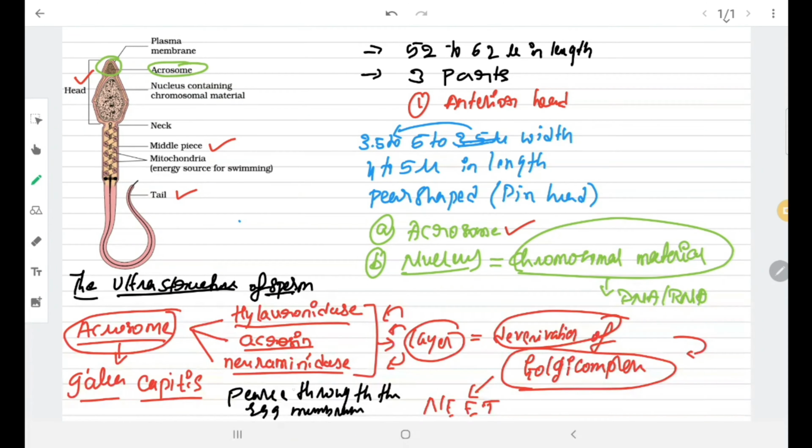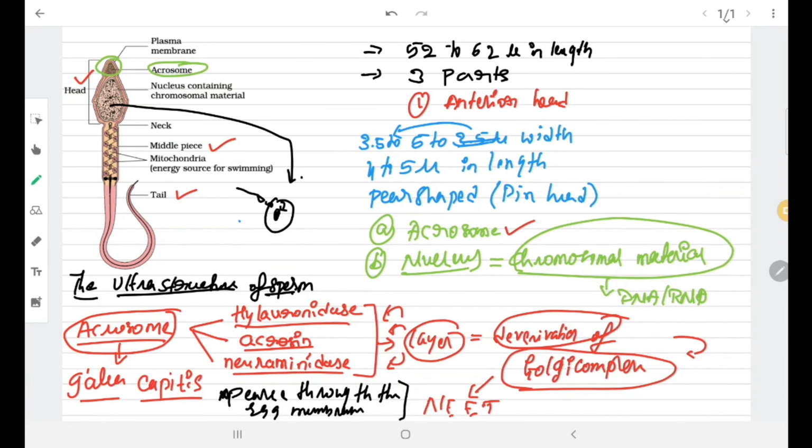The main function of the acrosome is to pierce through the wall of the egg using these three enzymes, and this helps in the fertilization process when the acrosome uses these enzymes and pierces the egg like this. If it is an egg, so this comes and goes inside, and this particular DNA or RNA will fuse with the nucleus of the egg.